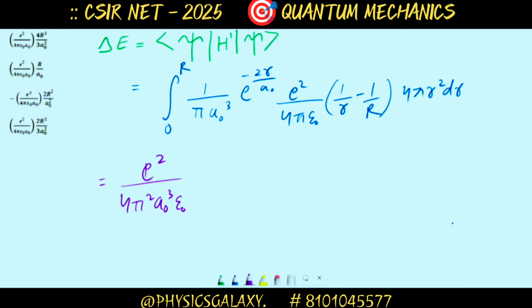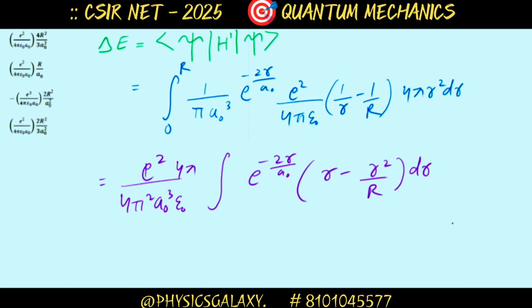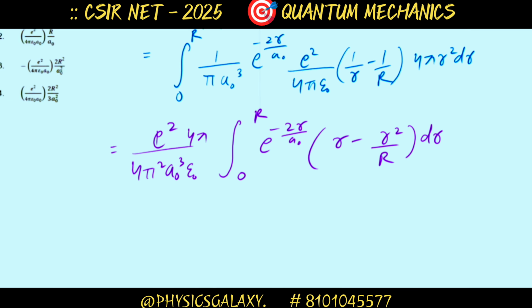In the numerator we have e squared, 4 pi, and then the integral will have e to the power minus 2r by a naught, and then we'll have r minus r squared by capital R, dr, from 0 to capital R. So 4 gets cancelled out, pi gets cancelled out, so we'll have simply e squared by pi a naught cubed epsilon naught.